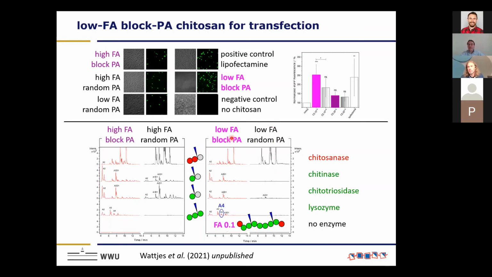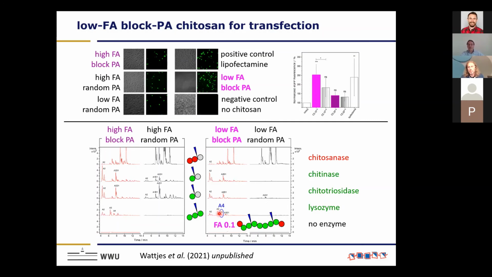But they are able to digest this low FA, block PA chitosan, which has good transfection efficiency. So I think it's a breakthrough result that we can use chitosan internally. Even if they are taken up by human cells, and they are taken up easily, they can transfect human cells easily, they can deliver drugs easily, but they are degraded in the human system, and so this removes a hurdle for their pharmacological use.